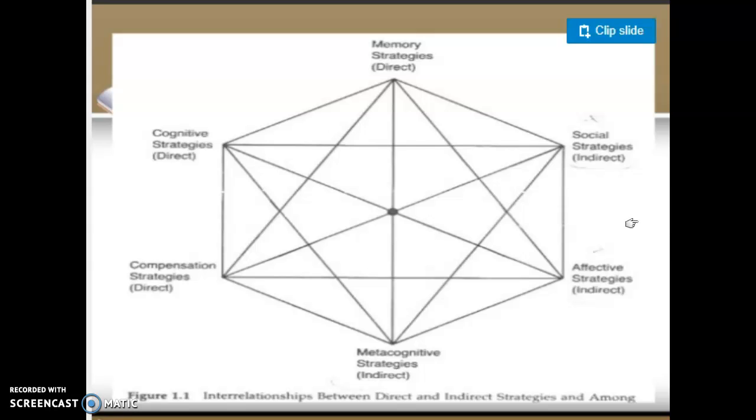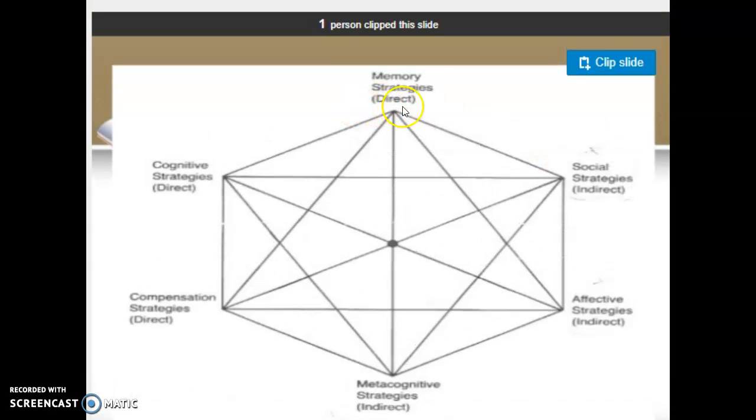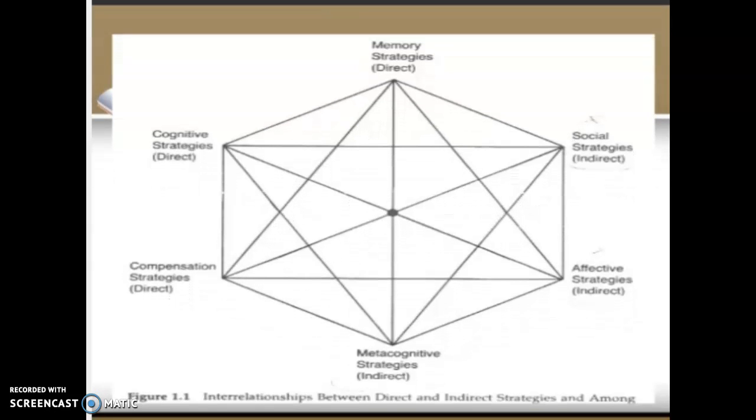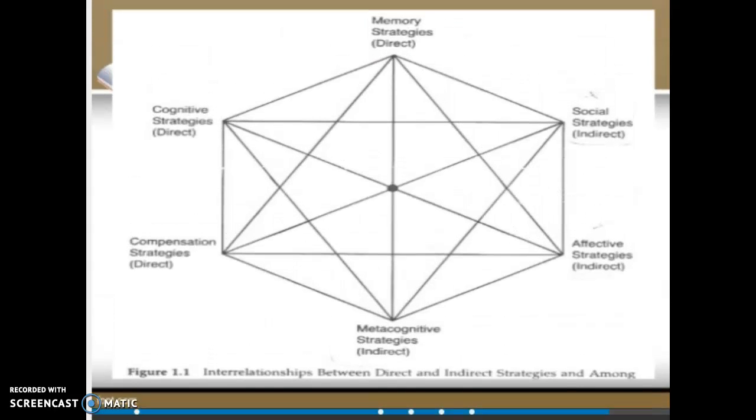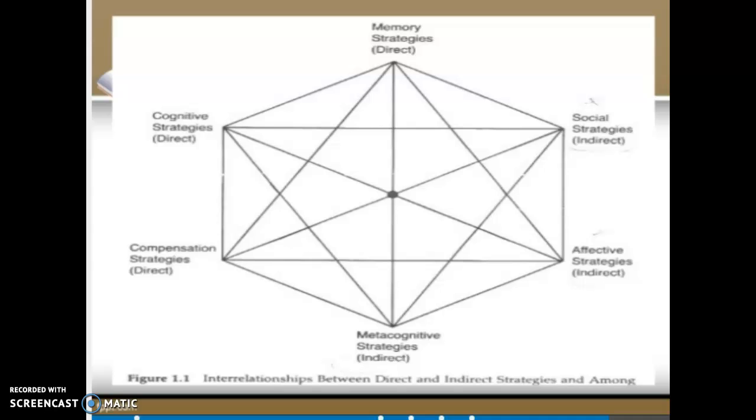Okay, so for the conclusion, we can see here the interrelationship between direct and indirect strategies, and among them. You can see here memory strategies, metacognitive strategies, indirect.